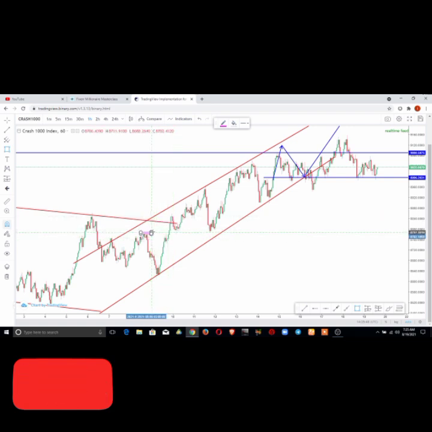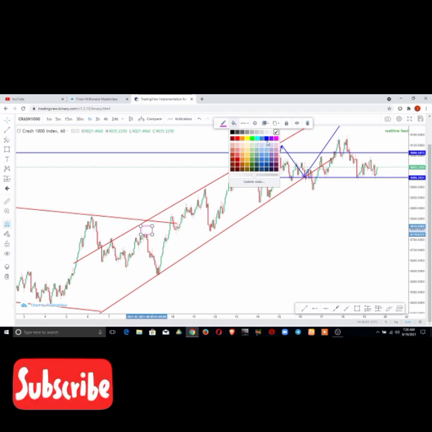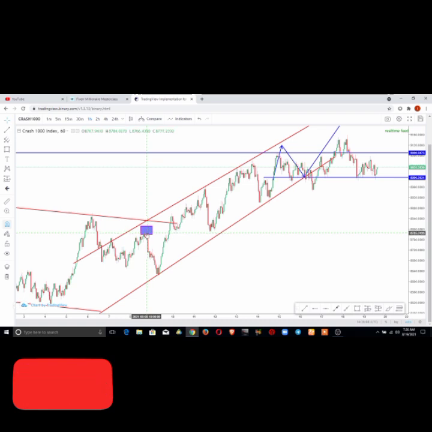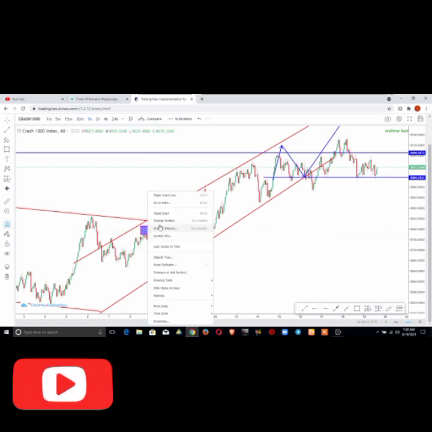Let me put the color so that we can see it clearly. Let me fill it so that we get to see it clearly. I should use blue to fill it. Now at this point, we had something like this, a high.